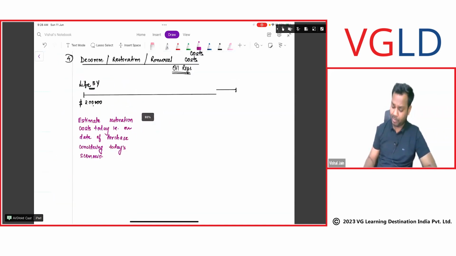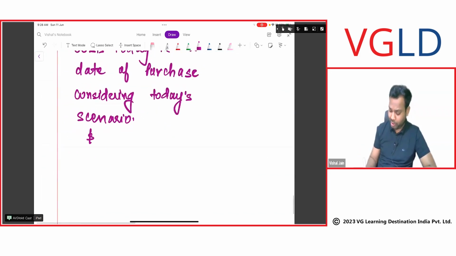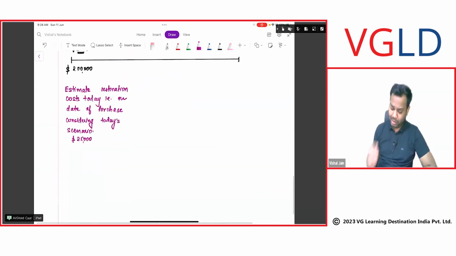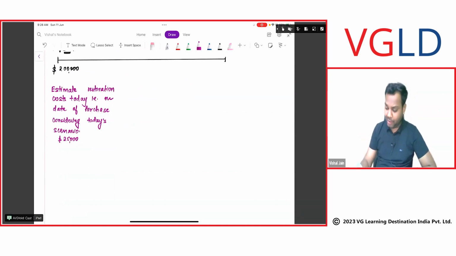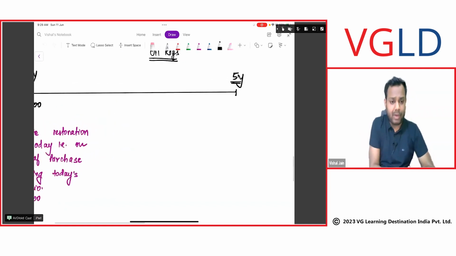Now tell me, let's suppose this estimate comes to $25,000. At the end of 5 years, will the same amount be incurred? Will 25,000 be incurred at the end of the 5th year, or something else?